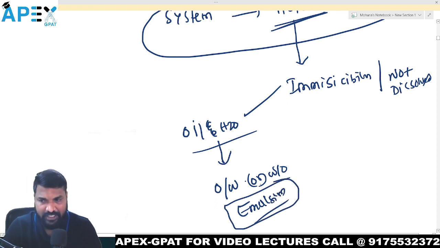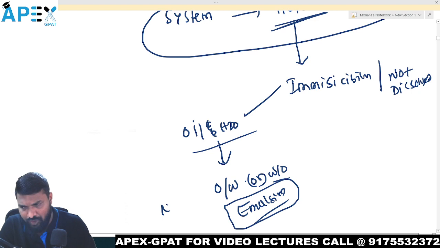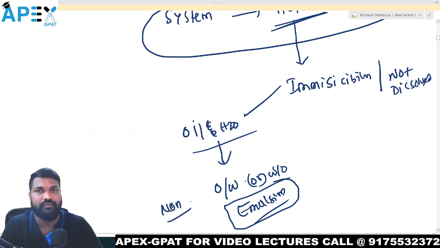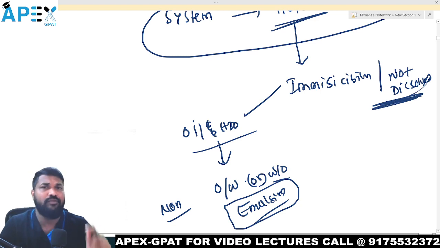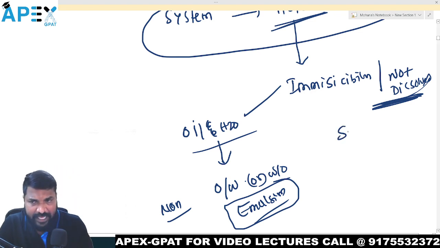Now, do emulsions show Newtonian flow or non-Newtonian flow? The answer is emulsions show non-Newtonian flow. Now tell me, in pharmaceutical formulations, where can you see the not dissolved condition? Not dissolved means there is a solid particle and a liquid.